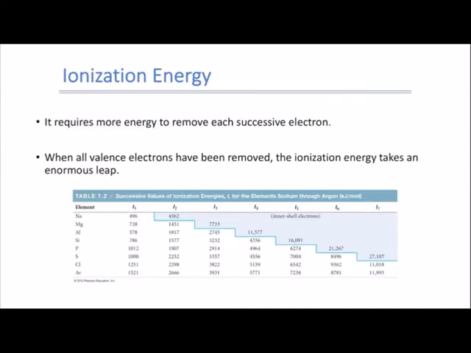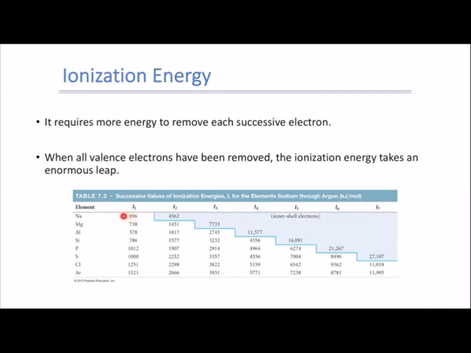Now let's look at successive ionizations. Let's look at that second ionization, that third ionization. So that's what our table is showing here. First ionization is this column. The second column is the second ionization, third ionization, fourth, fifth, sixth, seventh. So this would be removing 7 electrons from the atom.